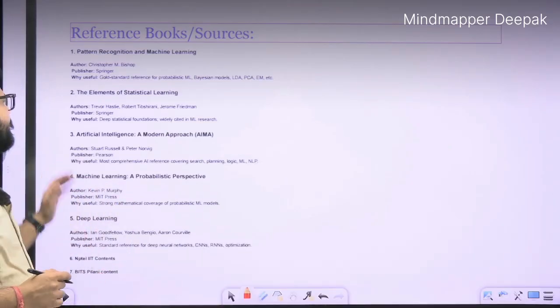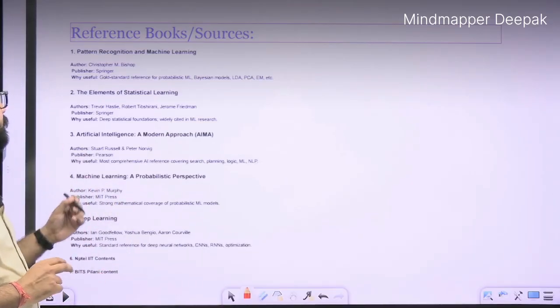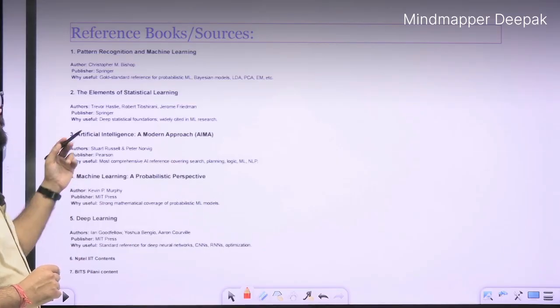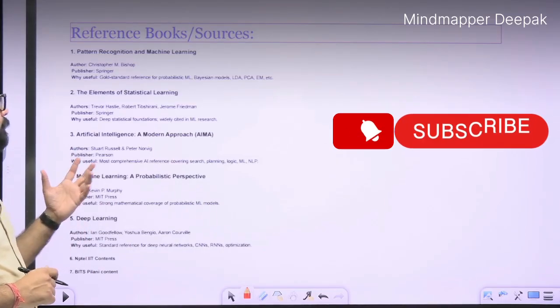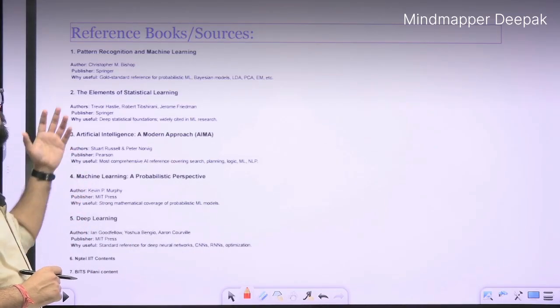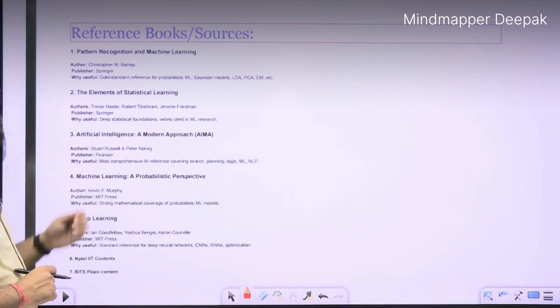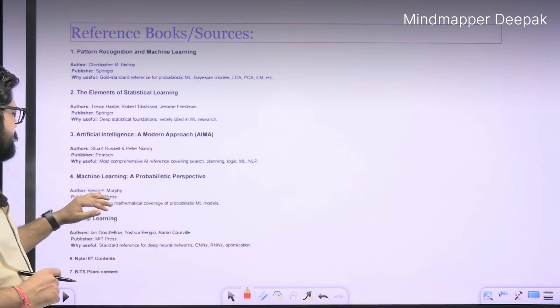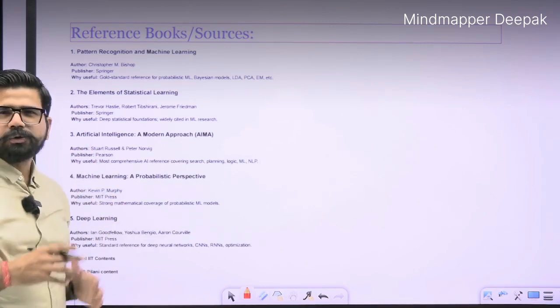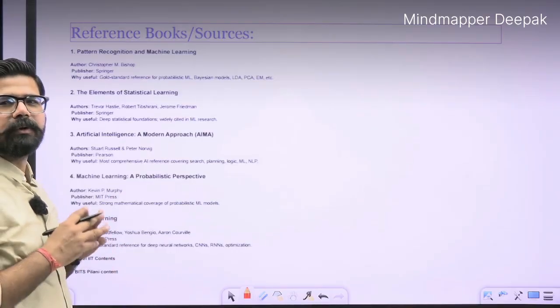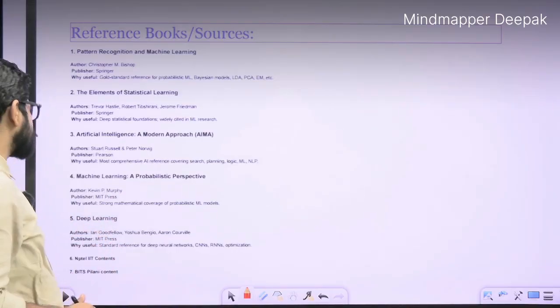I always prefer to go with deep statistical foundations, along with some gold standards, mainly MIT Press notes. You can proceed to get in-depth knowledge of all these concepts.